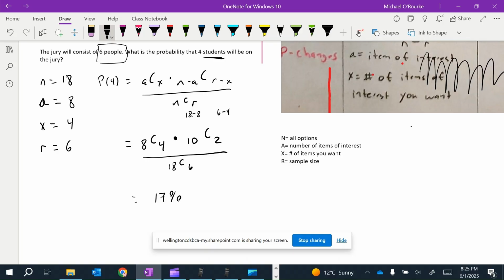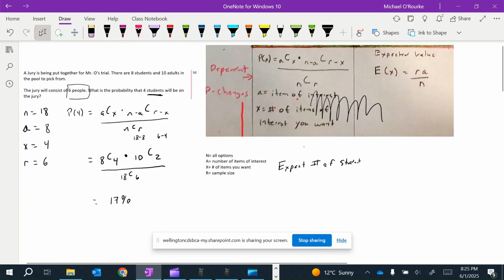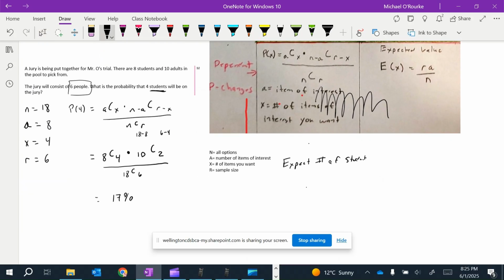Now, if we were to find the expected number of students, that's going to be R times A divided by N. R is our sample size, so we have a 6-person jury, 8 people of interest, and N is our total options of 18.